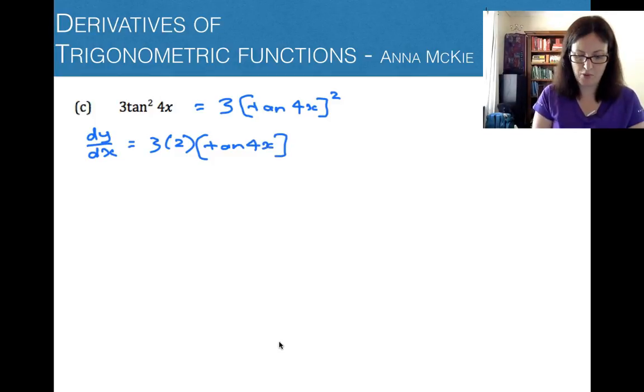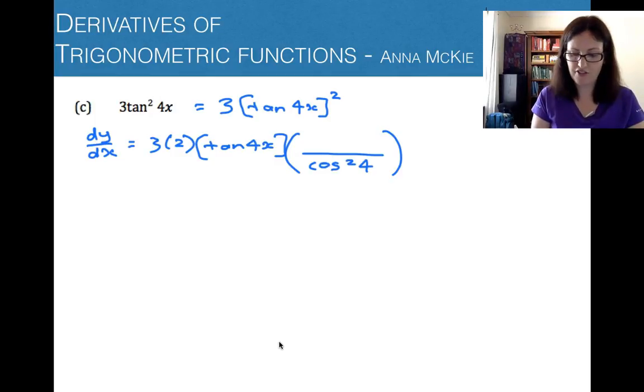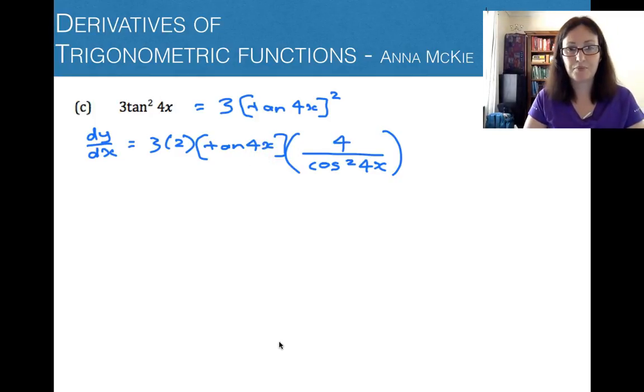You'd lower the power by 1, but because it was a 2, it's going to be lowered to 1, so we don't have to write that. And then you differentiate the inside. So the derivative of tan, when it's got an extra function in it, is we'll put the cos squared of that function, and then you differentiate that part. So we get 4 there.